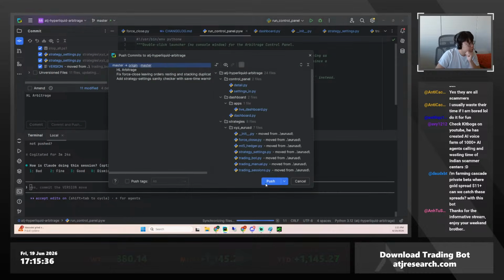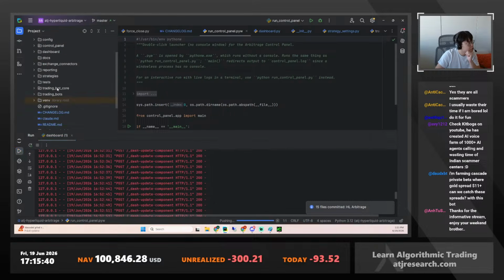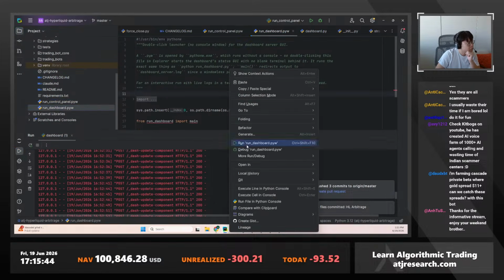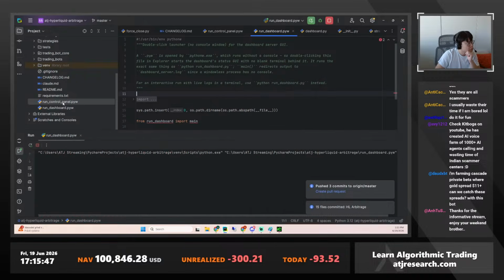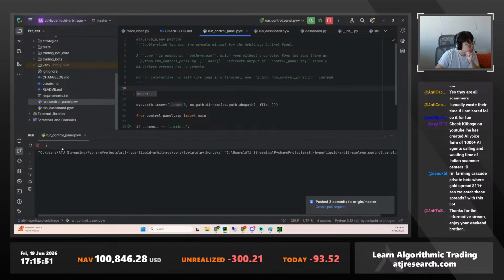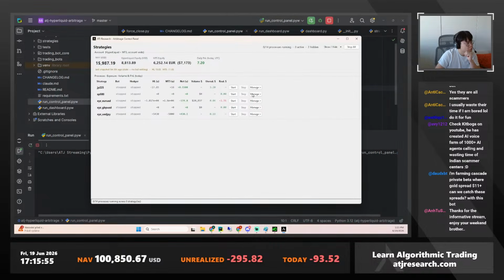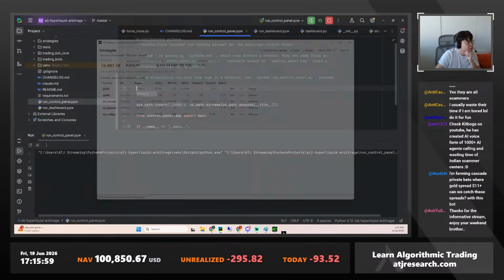Let me also run the scripts one last time to make sure that they actually work. So for the last time, let me run dashboard and let me also run this one. So the control panel works. So everything should be fine here.